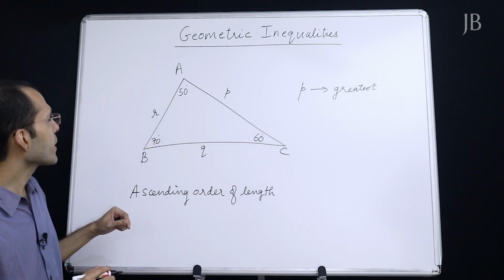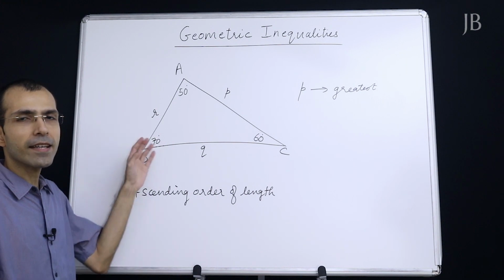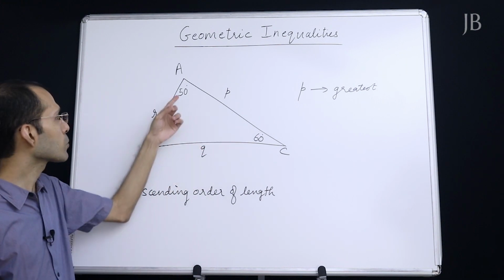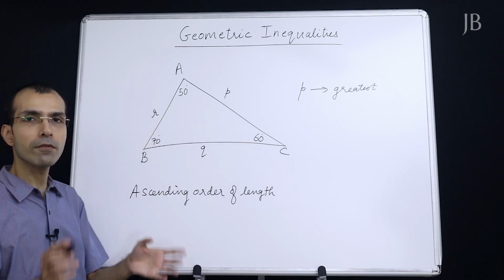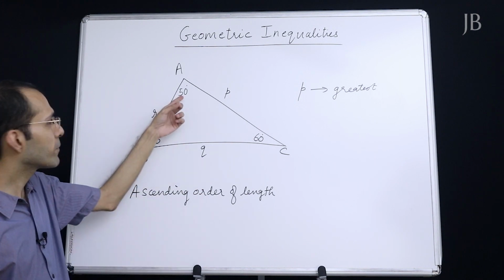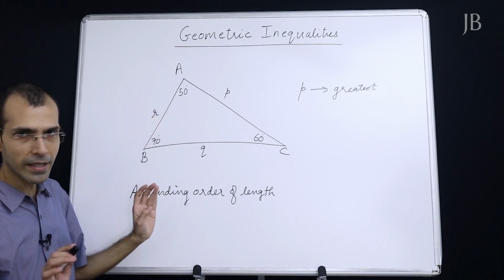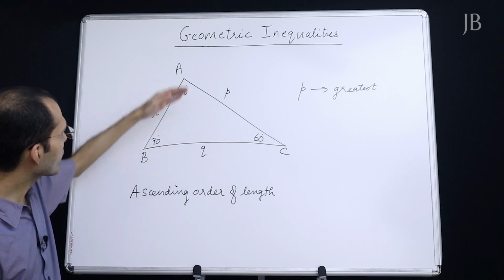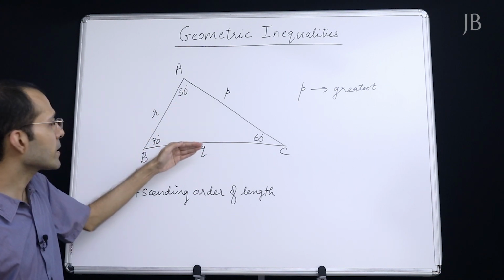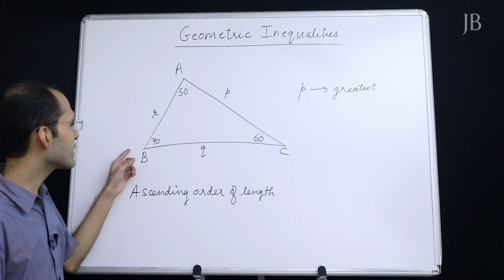Which would be the smallest? Which angle is the smallest here? Out of 50, 60, 70, which one is the smallest? 50 degrees. No dispute in that. Opposite 50 degrees, which side is there?